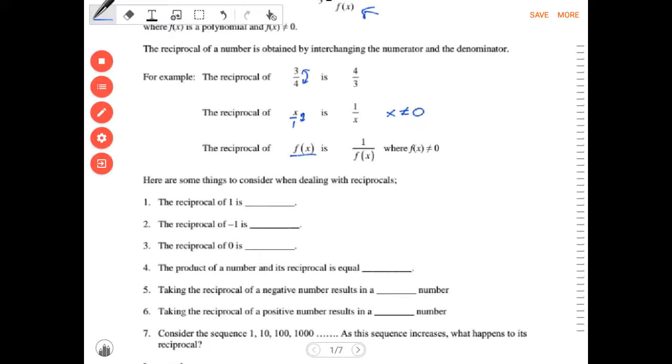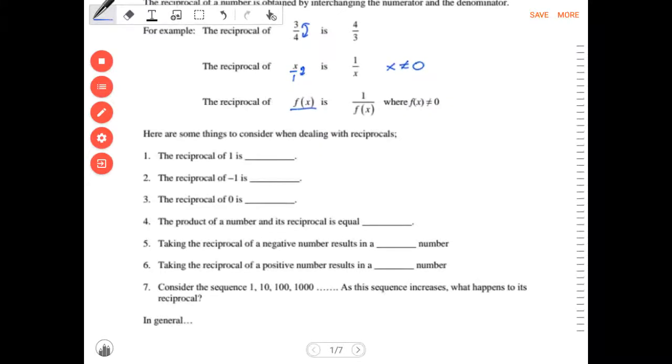Perfect. Okay, so some things that I want you to consider that will help when you are dealing with reciprocals. So the reciprocal of 1 is, well, 1 is 1 over 1. And if you flip those, well, wait a second, that's going to be 1 over 1 again. So the reciprocal of 1 is just 1.